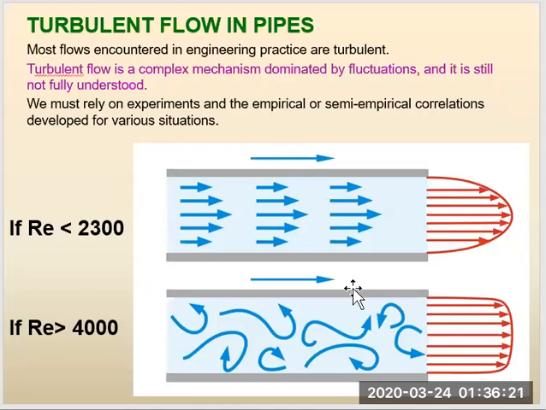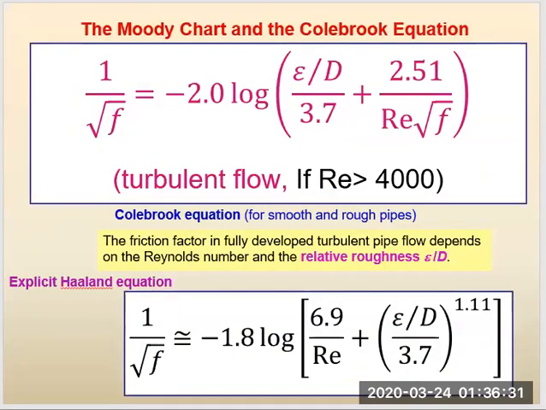As a result, turbulent flow is associated with much higher values of friction factor. So friction is larger in turbulent flow. If you have turbulent flow in a circular pipe, we cannot use the equation that we had for Darcy friction factor in laminar flow, which was 64 over Reynolds number.